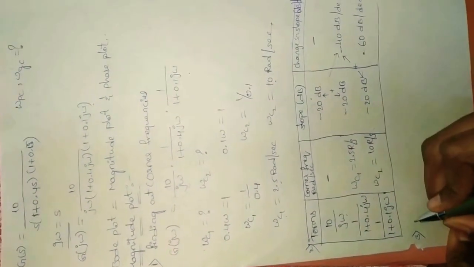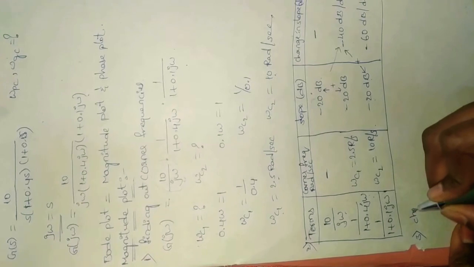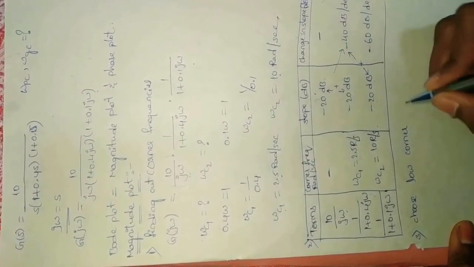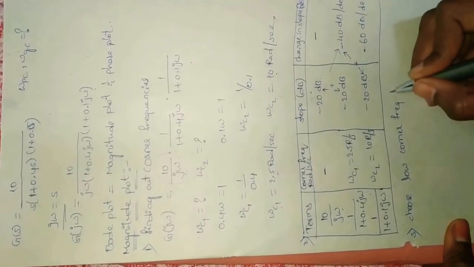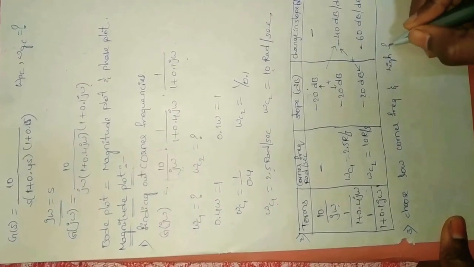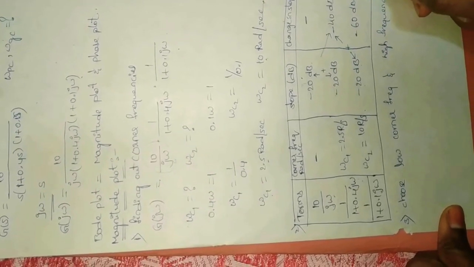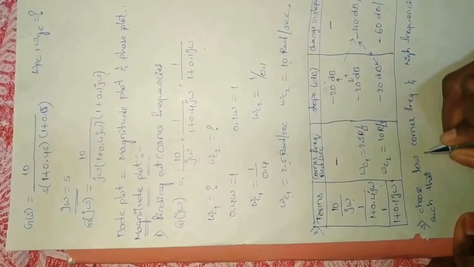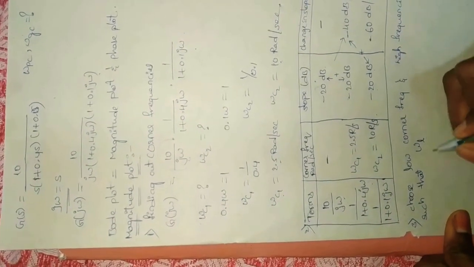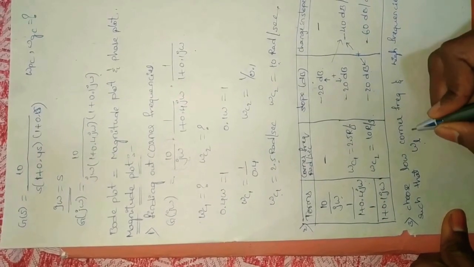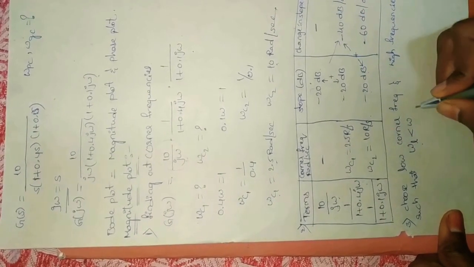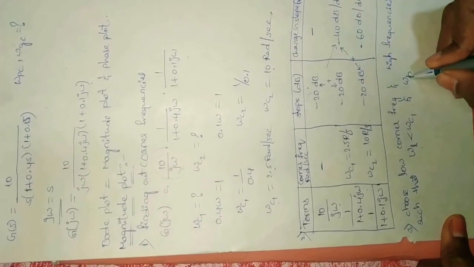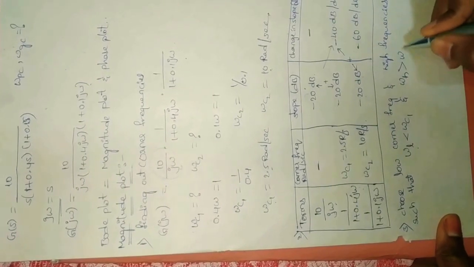First, in this step, choose the low corner frequency and the high corner frequency such that omega L, my low frequency, must be less than omega C1, and omega H, my high corner frequency, must be greater than omega C2.